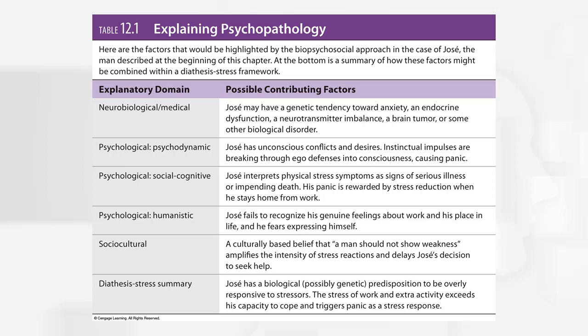A cognitive approach focuses in on how a person thinks. Is the psychopathology or is the mental health issue the result of distorted thinking? A humanist approach looks at a mismatch between the real and the ideal self. Remember, we've talked about humanism with the work of Rogers and Maslow.